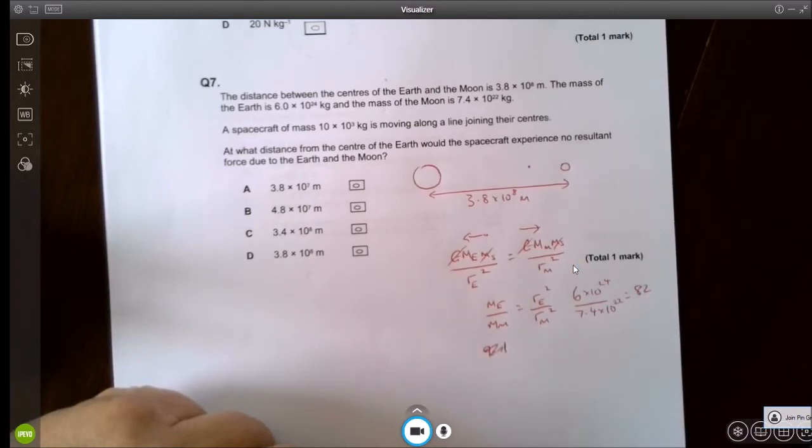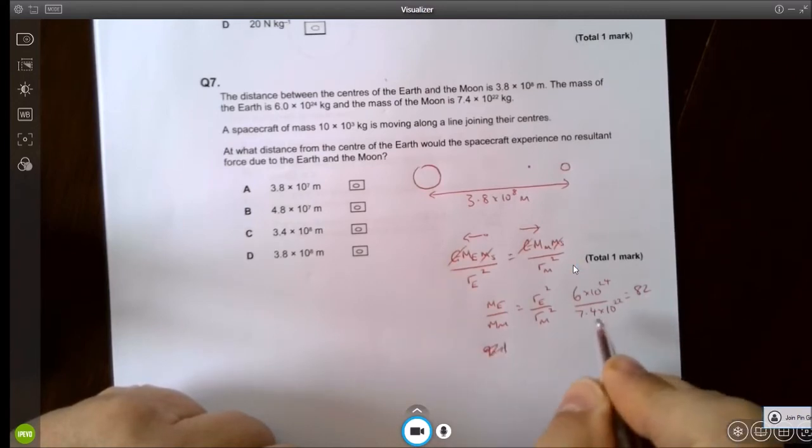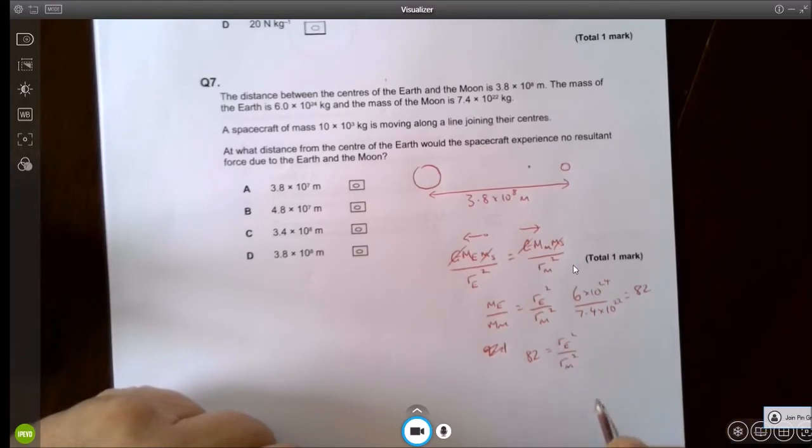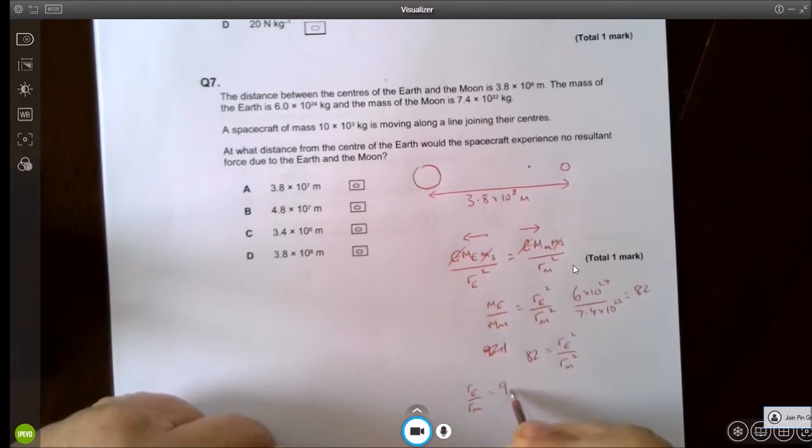Sorry, let me go back a sec there. So the mass of the Earth over the mass of the Moon is 82, so we've got 82 is the radius from the Earth squared over the radius from the Moon squared. So if you take the square root, the distance from the Earth over the distance from the Moon comes to 9.1 over 1 if you like.